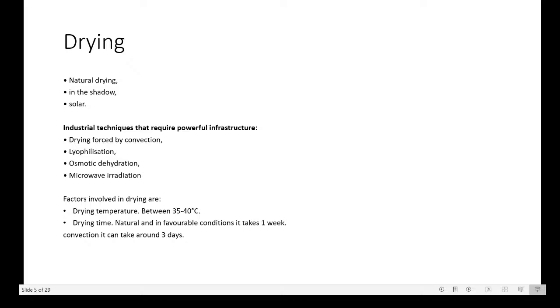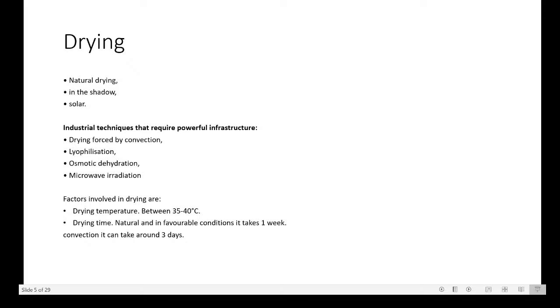For industrial techniques, they use many different kinds of drying methods. Drying is nothing but dehydration. The kinds of dehydration they use are drying forced by convection, lyophilization, osmotic dehydration, and microwave irradiation.